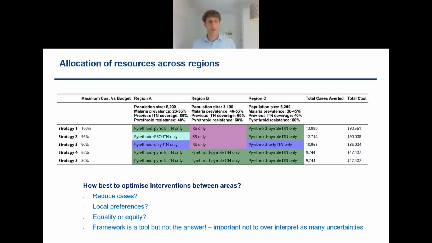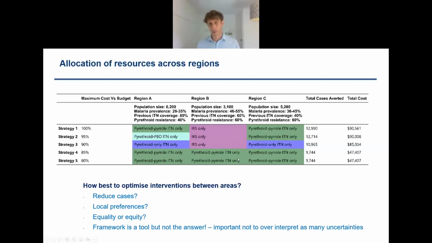So you can see, if you had a budget and 3 different regions in this situation, with different levels of malaria, different historical use of interventions, and different levels of resistance in the mosquito population, for this size population you would probably do IRS in one of your areas and then do pyrethroid pyrrole in the others. And if your budget went down, this shows you where you would spend your money to avert the most number of cases.